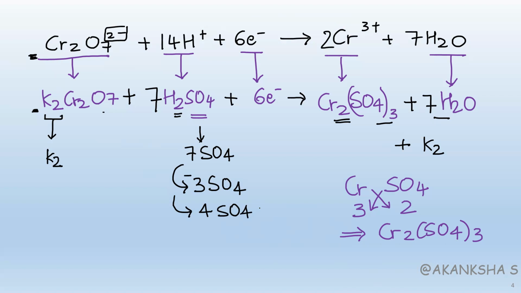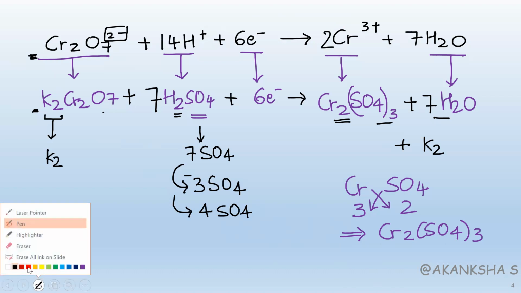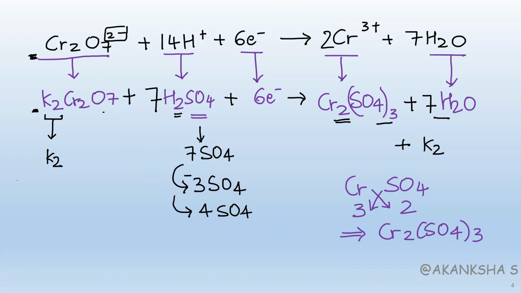This is the basic notion with which we continue our reactions. Getting a proper idea of what is going on is pretty important. So we have potassium, we have sulfate.